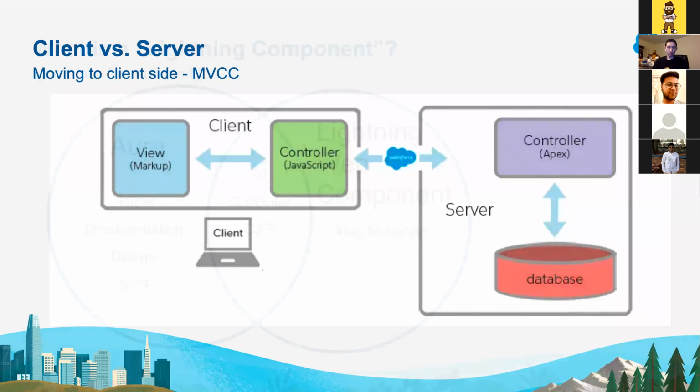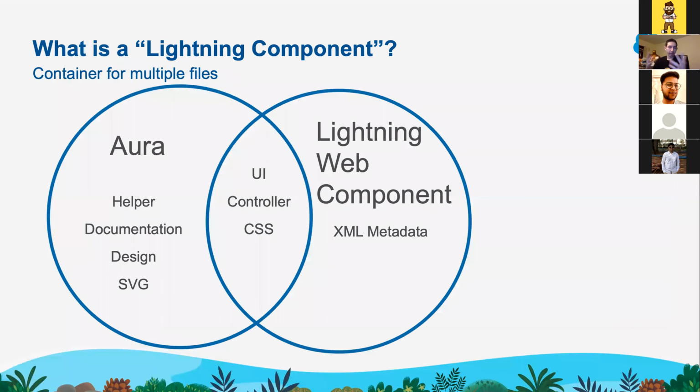All right. I think last thing before we get into our demo, what do we mean when we say a Lightning component? All a Lightning component is, it's a container for multiple files, right? And we're already kind of familiar with this concept of using multiple files, right? We have a Visualforce page, we have an Apex controller, maybe we have an Apex helper, maybe we have a CSS static resource somewhere.